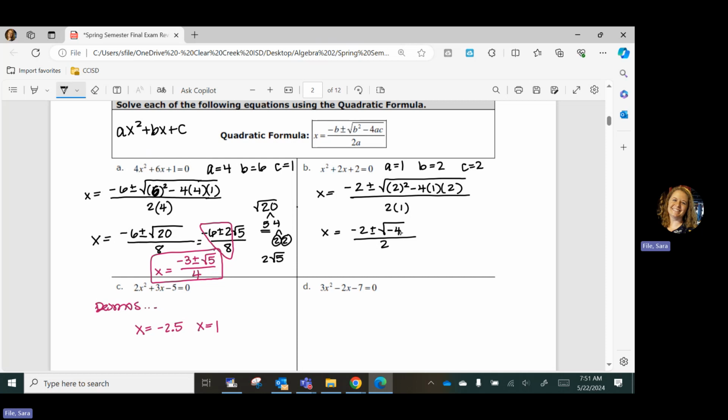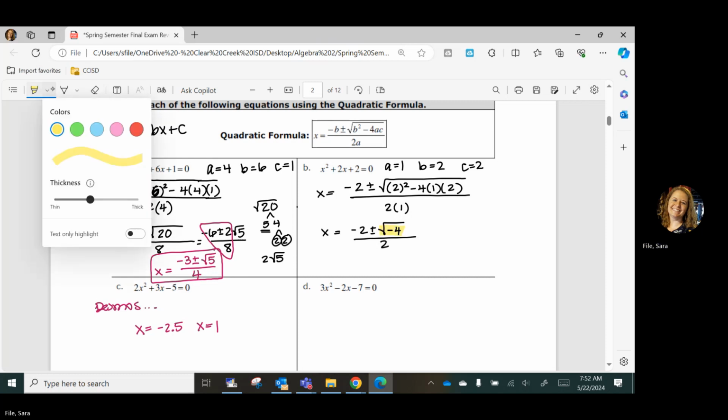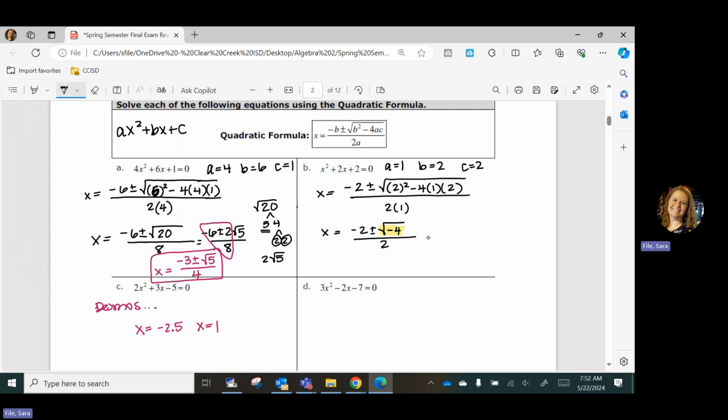And this is why it's imaginary, because you have a negative under a square root, which you cannot do. This is where the imaginary numbers come from. So remember, when we take the square root of a negative, that we get i. Now the square root of 4 is 2. So this whole expression right here, square root of -4, is going to be rewritten as 2i.